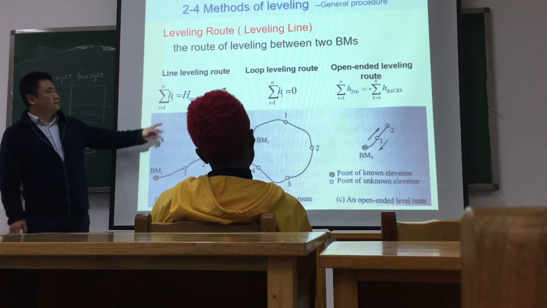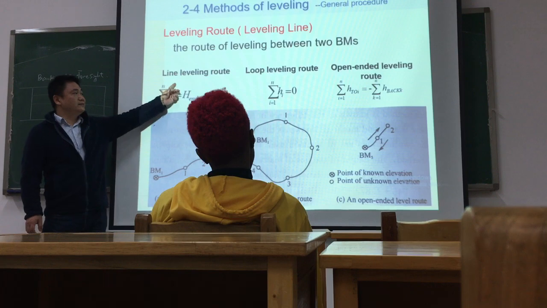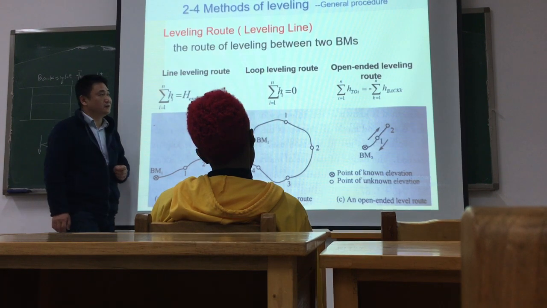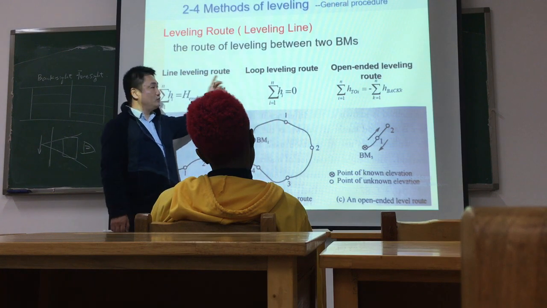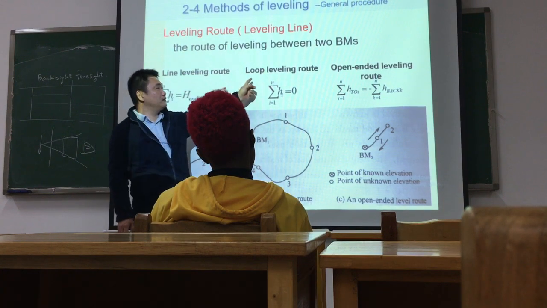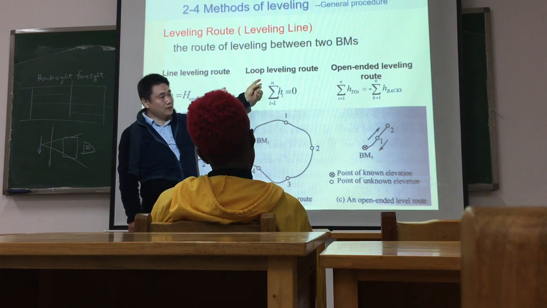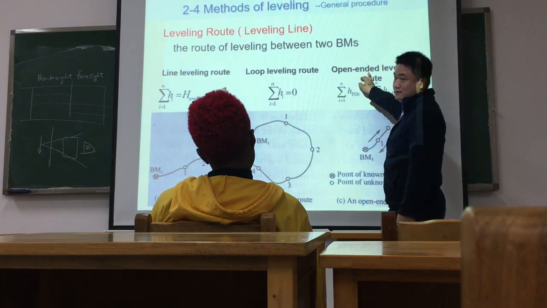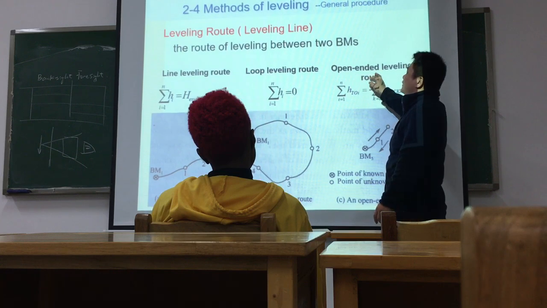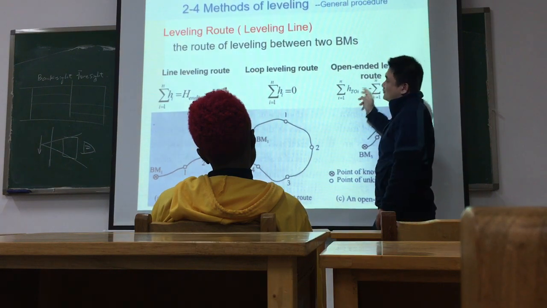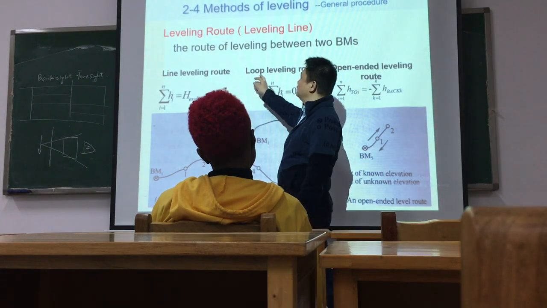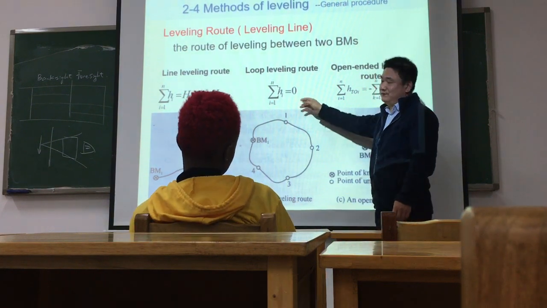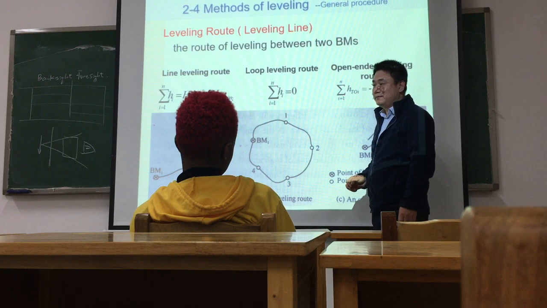First is the line leveling route. The second is the loop. One is line, another is loop, and the third is open-ended. In fact, the open-ended kind is similar to the loop.